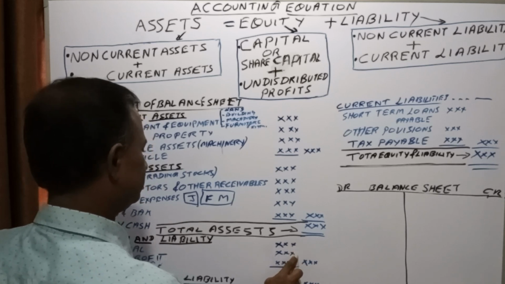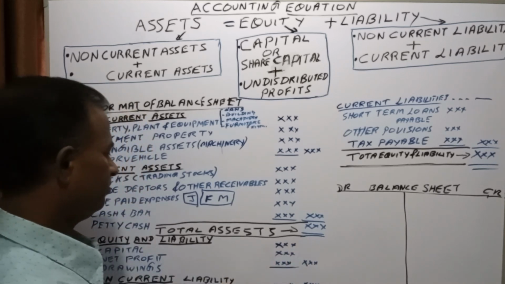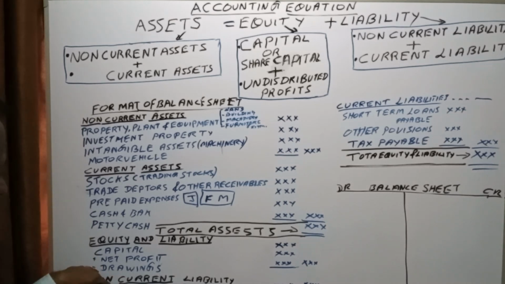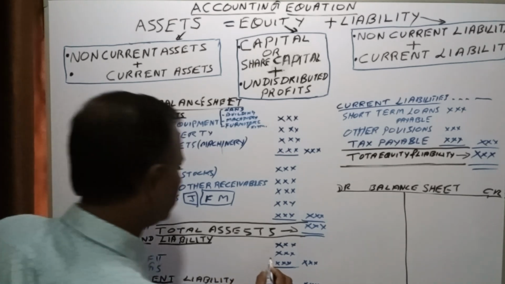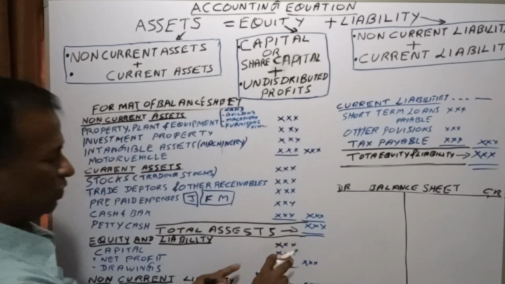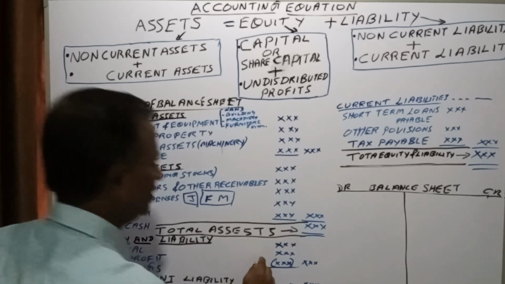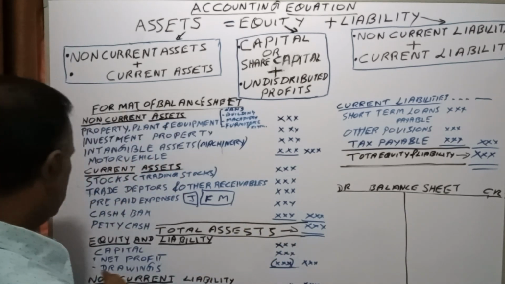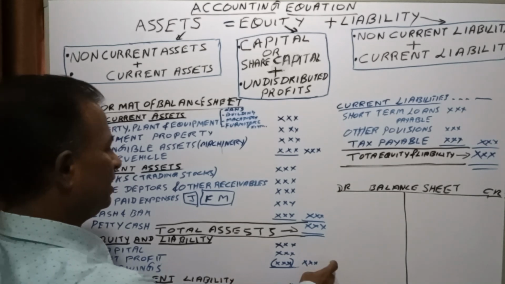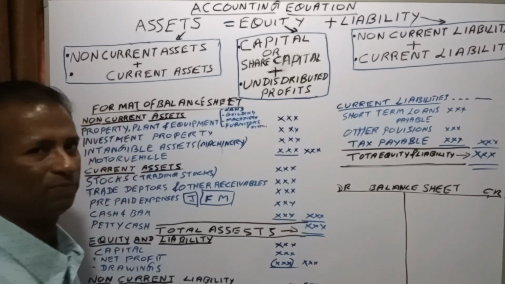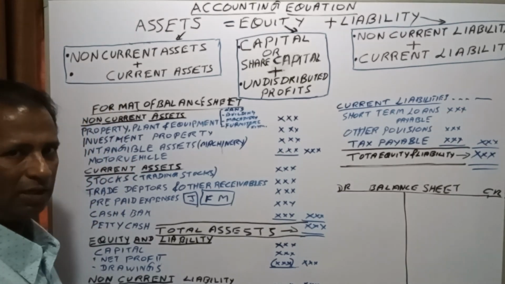And we have to deduct drawings. Deducting means you have to show it in brackets. We cannot say minus and put it here. We have to show it in brackets. Then it will come to the total equity, right?